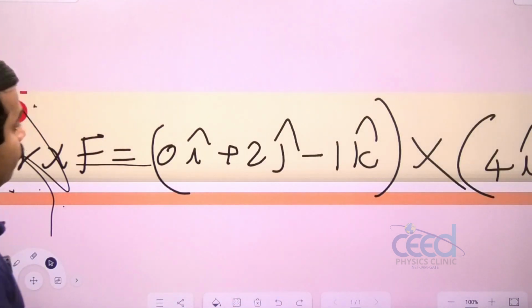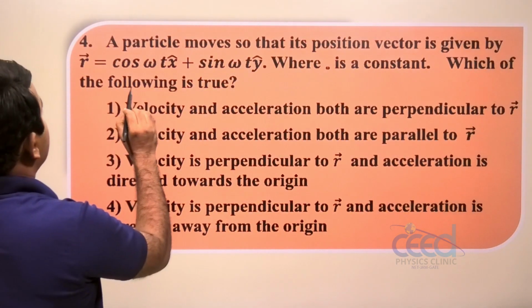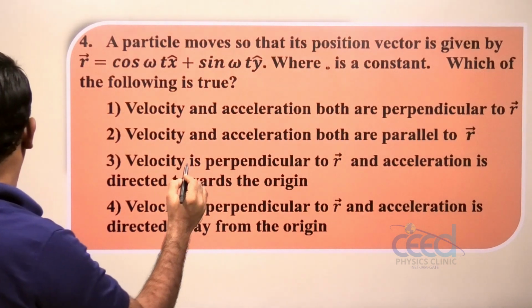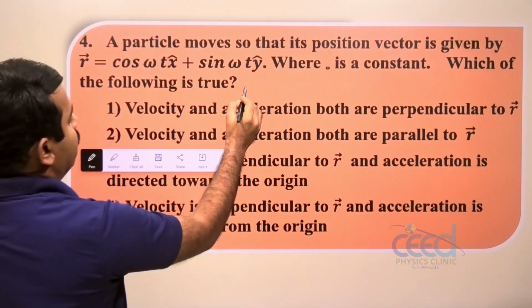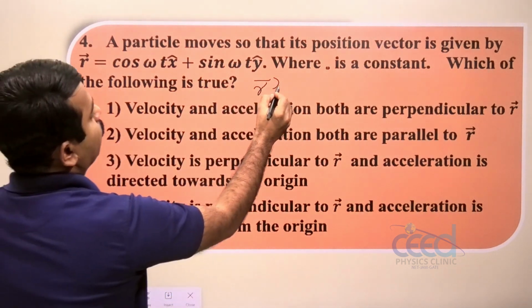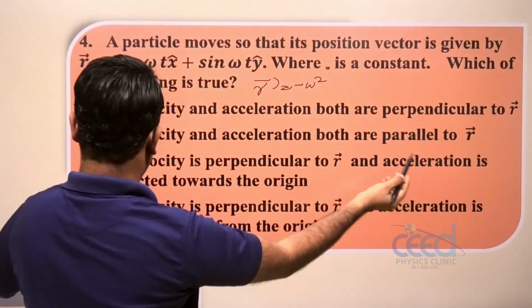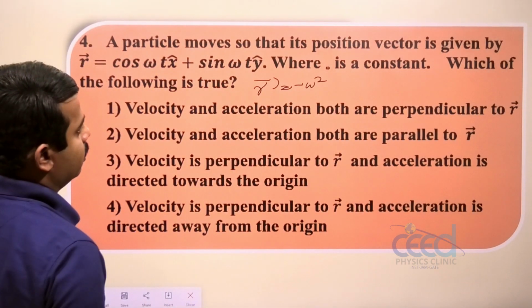So acceleration. What is acceleration? We got a is equal to minus omega square r. I am writing that equation. Acceleration is directed towards the origin. What we got?